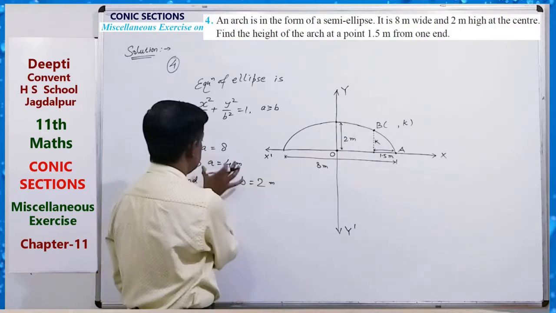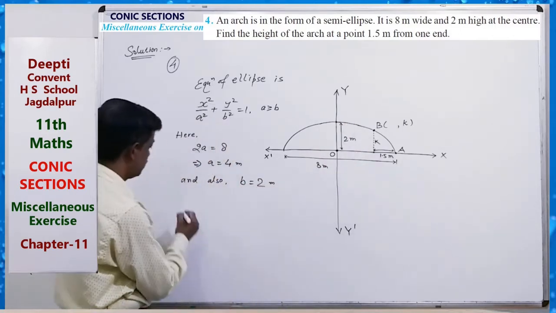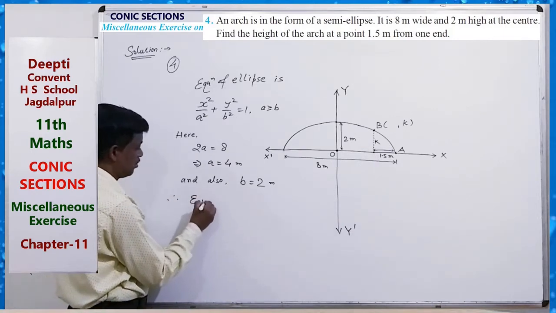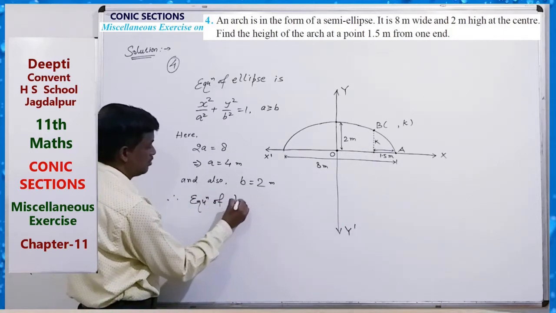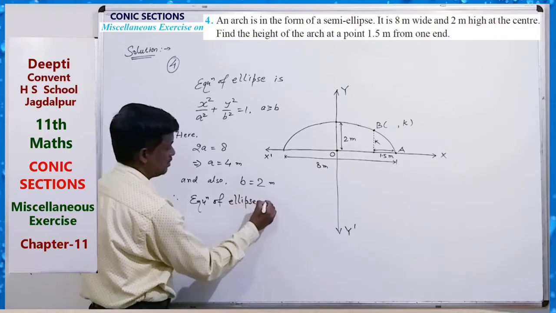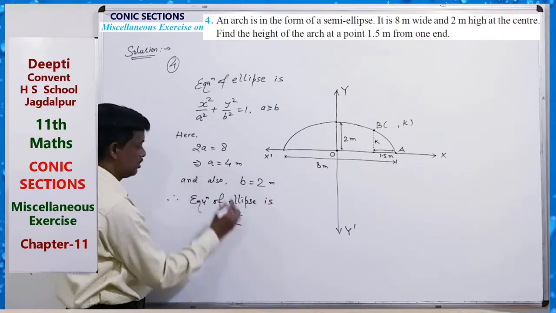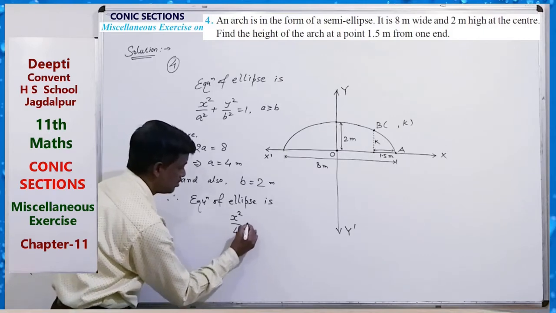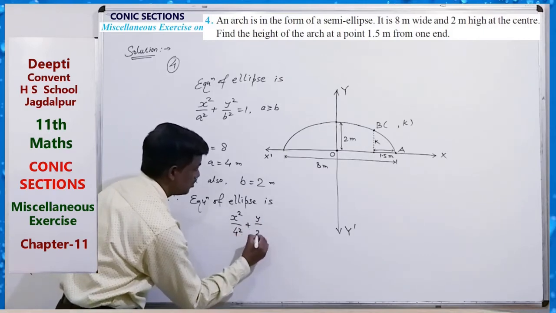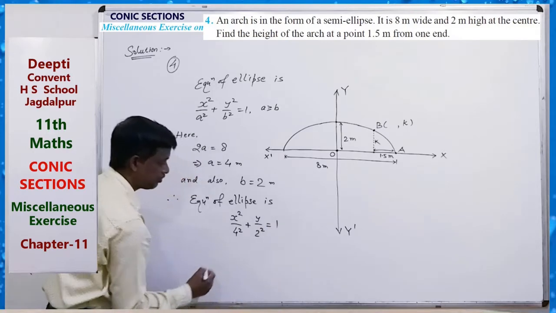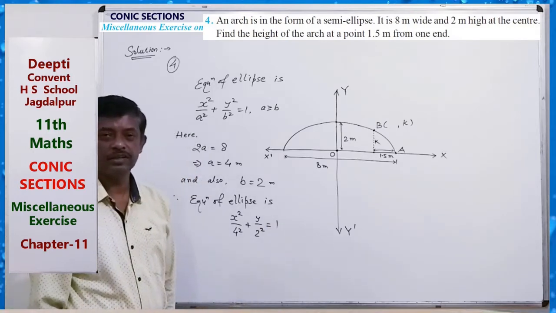Therefore, equation of ellipse is x square upon 4 square plus y square upon 2 square equals to 1. This is the equation of ellipse.